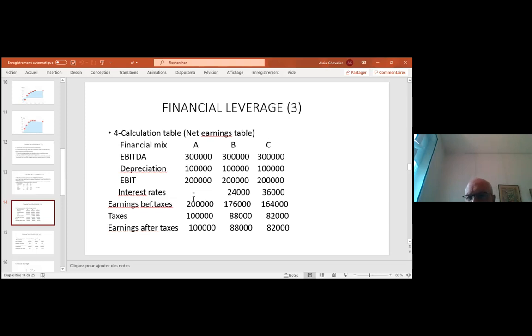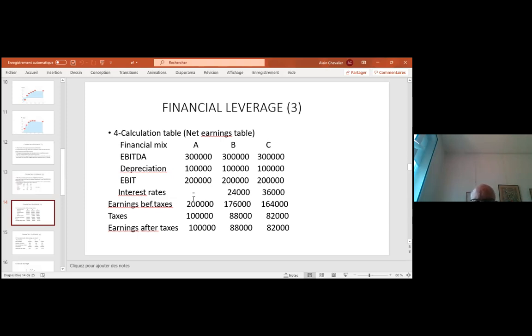Second case, you have 200,000. You reduce this number by the level of interest, 24,000, and you get 176,000. 200,000 minus 24,000 is 176,000.